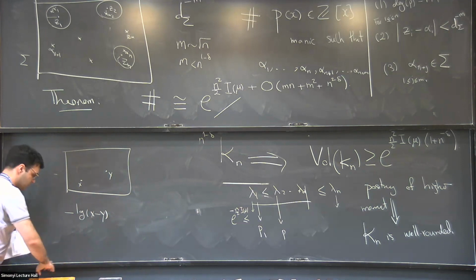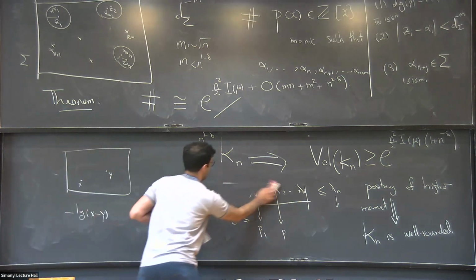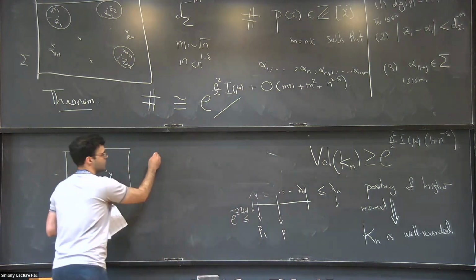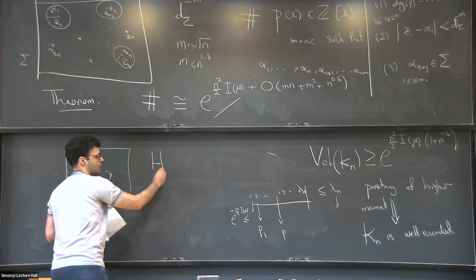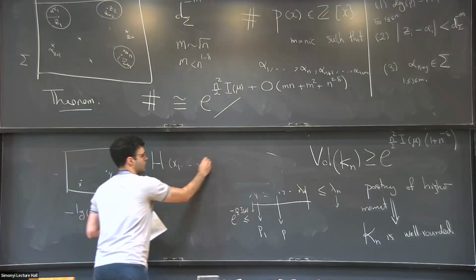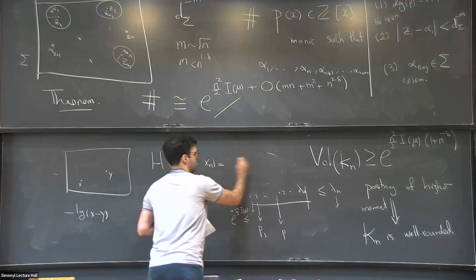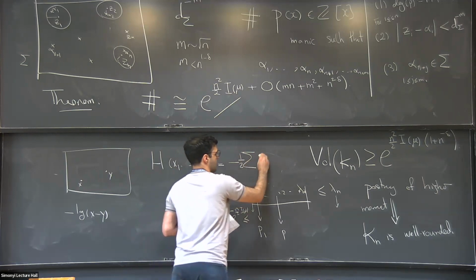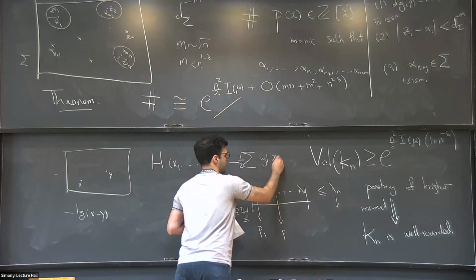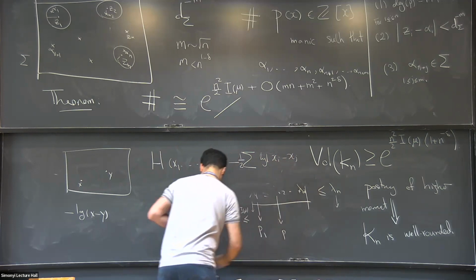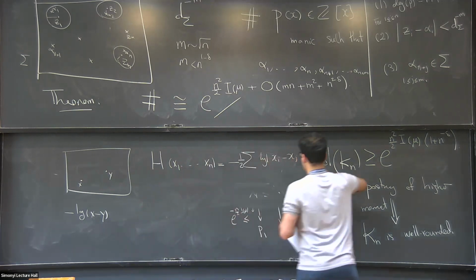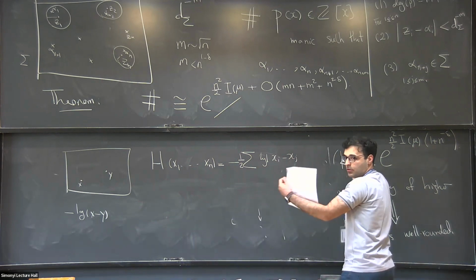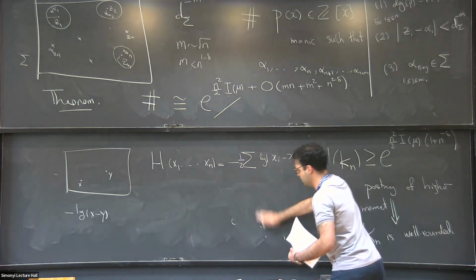And it associates to a configuration of n points a potential function. So let me write it: h of x1 to xn is going to be minus the sum of, let's say, 1/2 of log of xi minus xj. That's the potential function. If two points are extremely close, it's going to blow up, so it's going to be large.